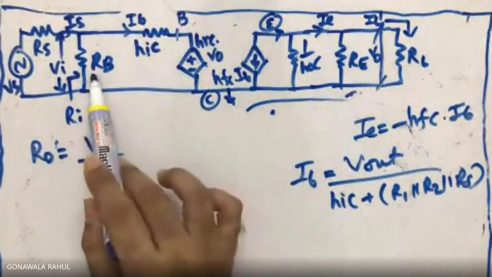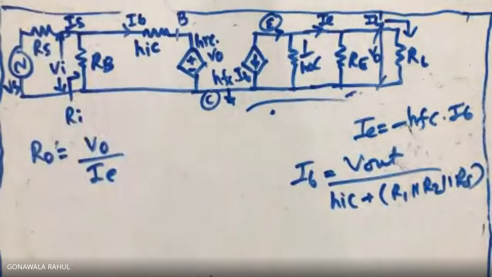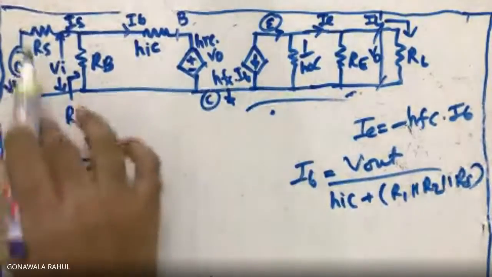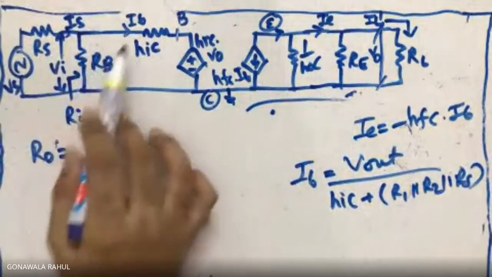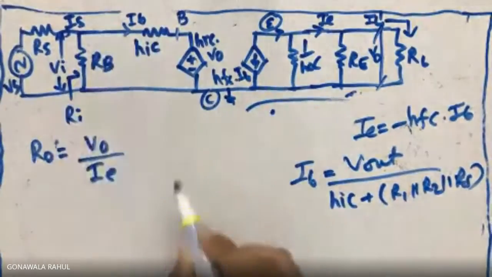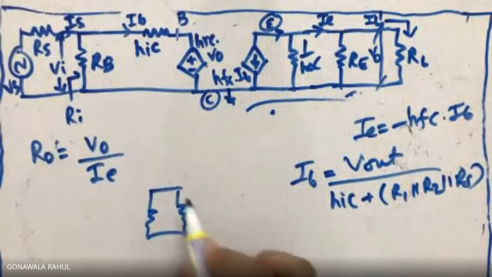When Vs is 0, this will be in parallel. So actually that is RS parallel RB plus HIC, because this is in series. See, when Vs is 0, the circuit would be like this.